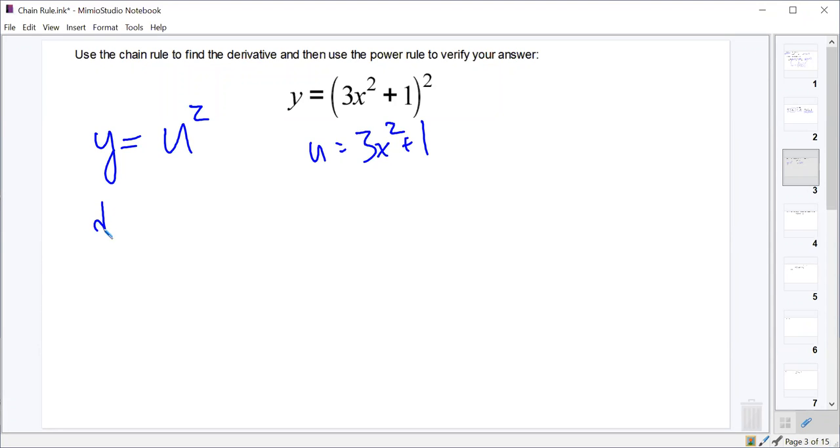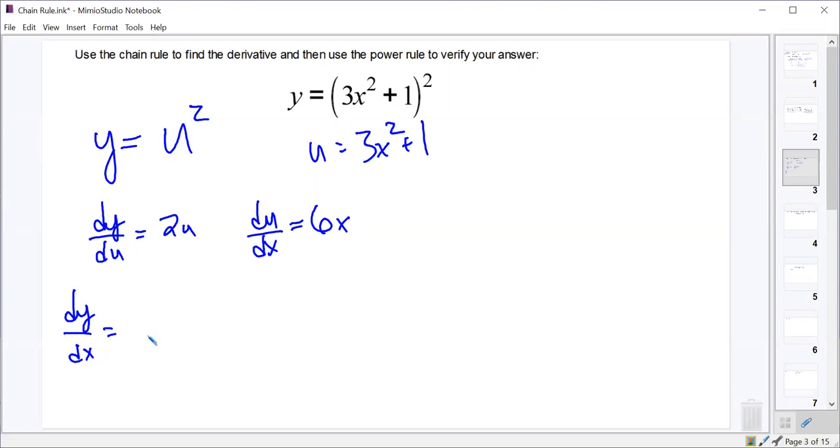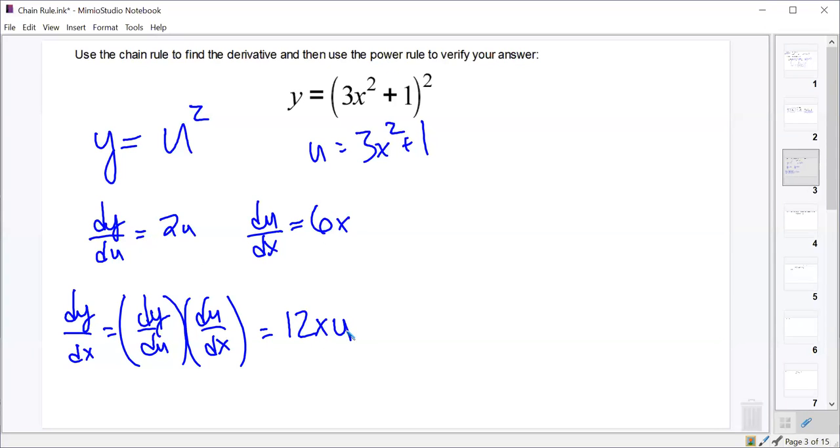Okay, so what's dy/du? 2u. And what's du/dx? 6x. Everybody good with 2u and 6x there? Okay, so what is dy/dx? Well, dy/dx, which is dy/du times du/dx, should be 2u times 6x, or 12x times u.